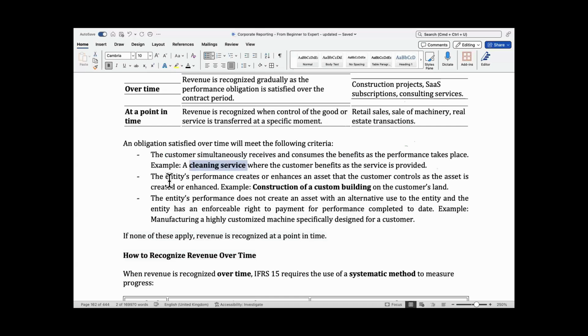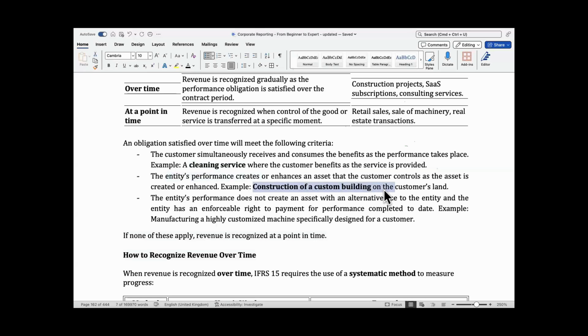Another one, which also shows that the obligation is satisfied over time, is where an entity's performance creates or enhances an asset that the customer controls as the asset is created. Okay. An example is when you are constructing a building on a customer's land.